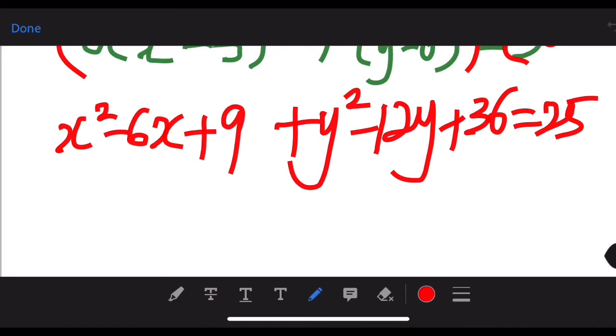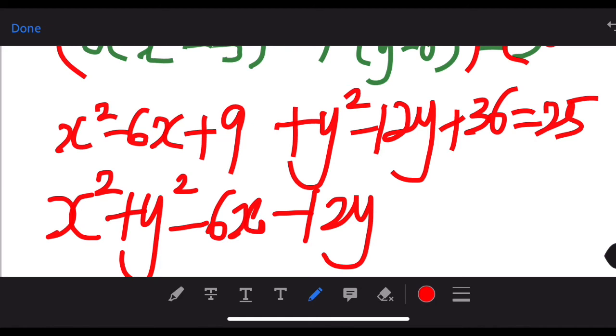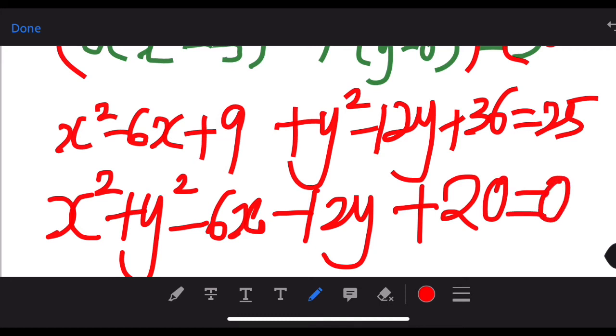And if I simplify, x squared plus y squared minus 6x minus 12y plus 45 minus 25, 45 minus 25 will be plus 20, right? So this is the so-called equation of the locus. Next, they will ask you whether the locus will touch the x-axis, right?